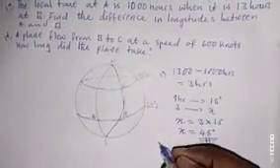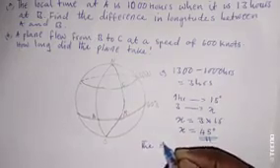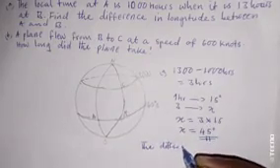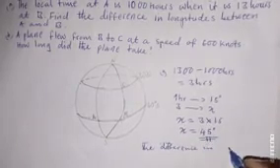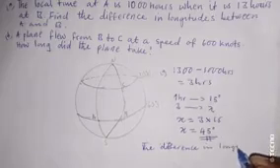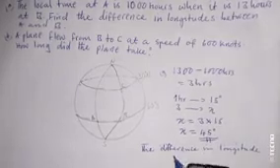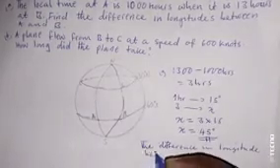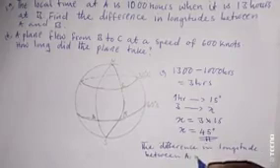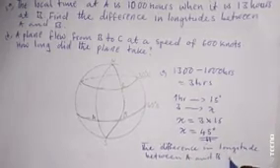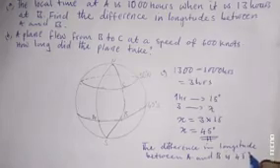We can also extend to say the difference in longitude between A and B is 45 degrees.